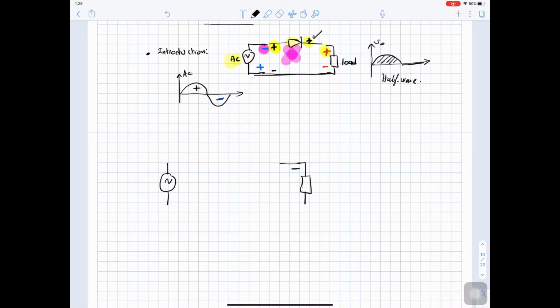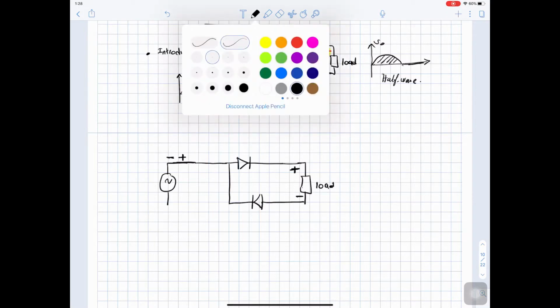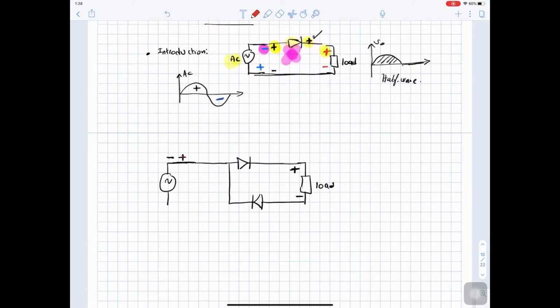So we need to keep this terminal positive, while this terminal of the source will be positive for half cycle, and then it will switch to negative in the second half cycle. So the idea is, let's connect a forward biased diode and let's connect a reverse one. So what will happen if the source is positive?